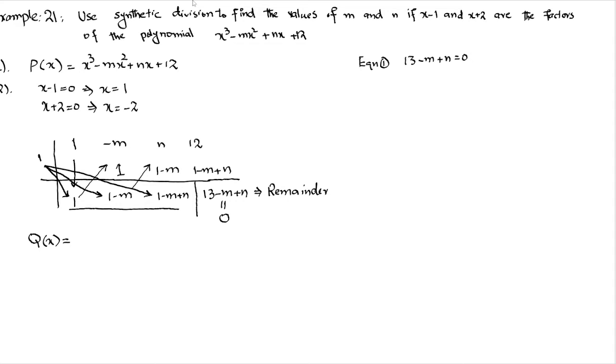So the polynomial will be 1x square, which is the next coefficient, plus 1 minus m x, and this will be the constant term, 1 minus m plus n.